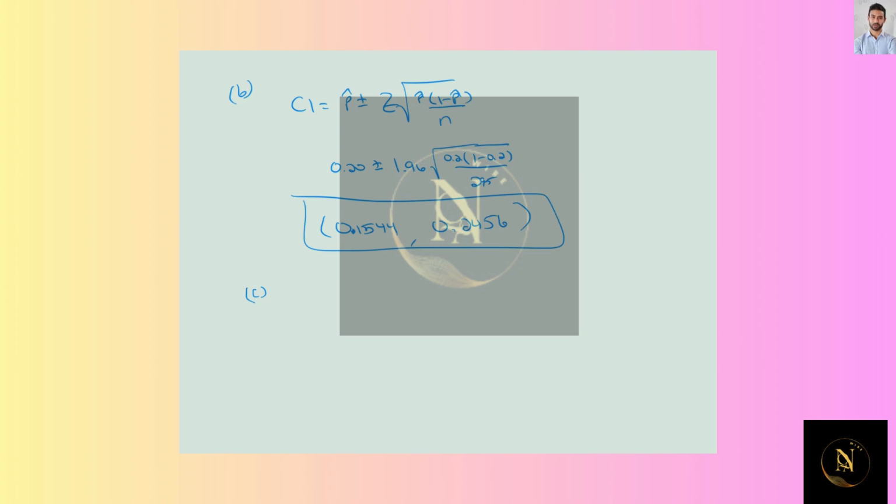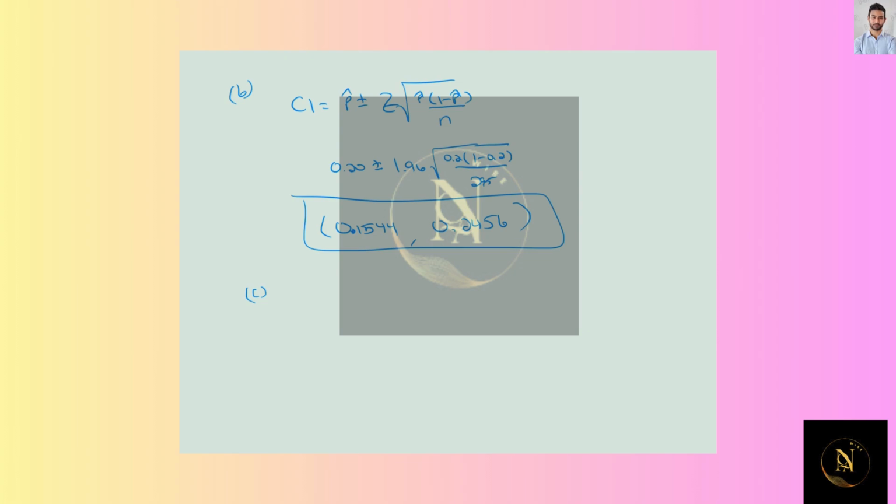How should this interval be interpreted? Well, the correct interpretation would be we are 95% confident that the true proportion of children who are deficient in vitamin D falls within the range of 15.44 to 24.56%.